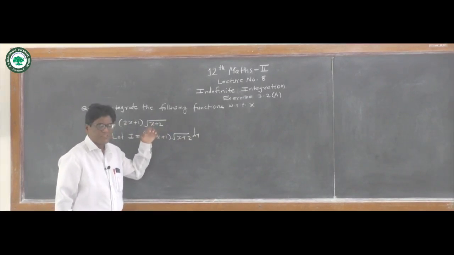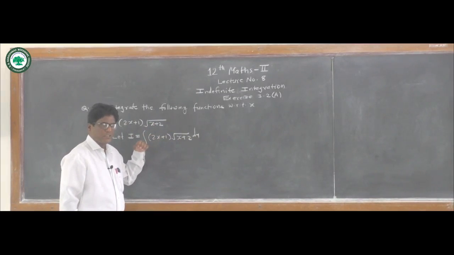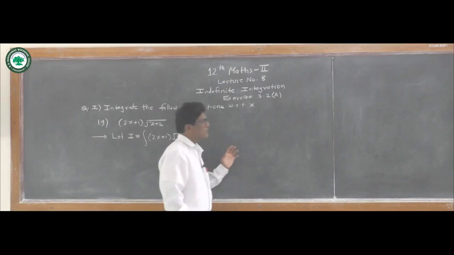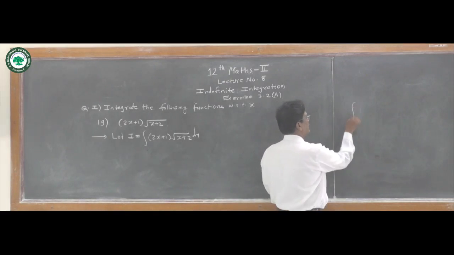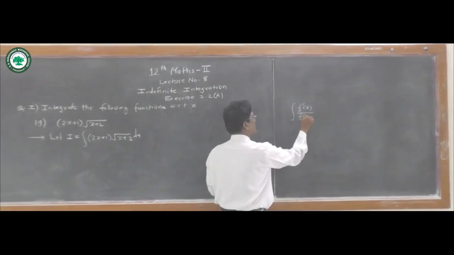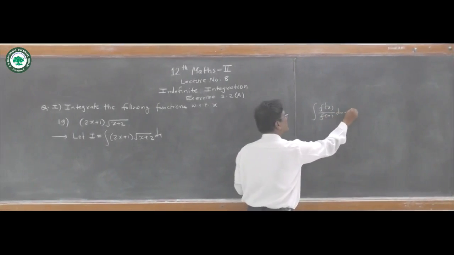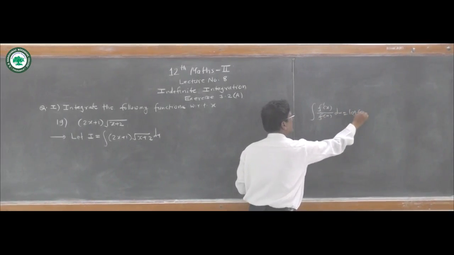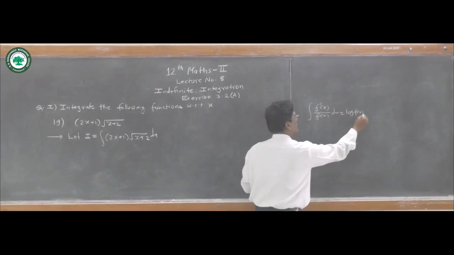Now we see the problems on the unit integration by methods of substitution and two corollaries. Which corollaries? Integration of f dash of x upon f of x dx is equal to log of f of x. This is a very important corollary.